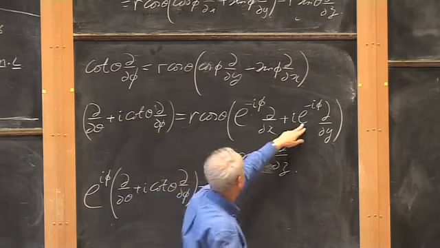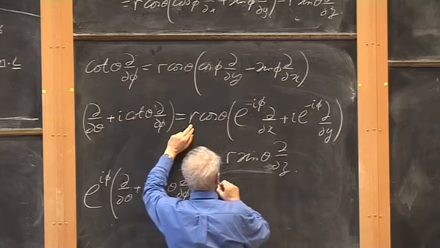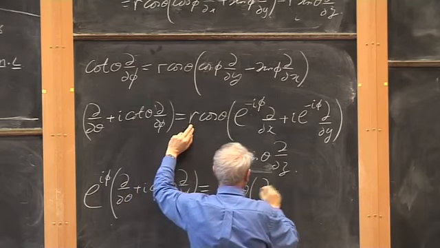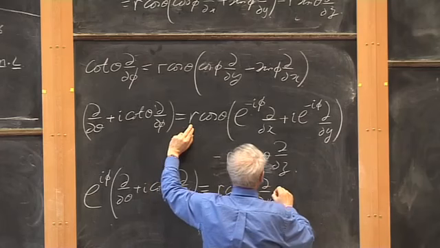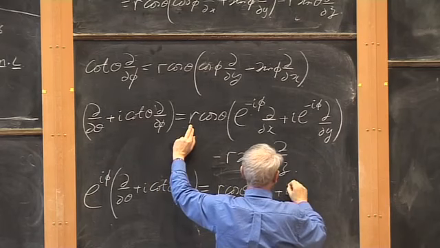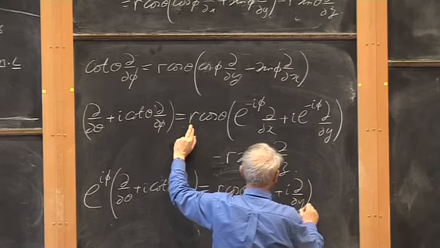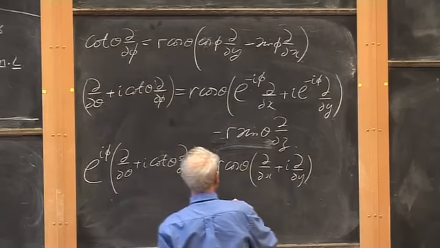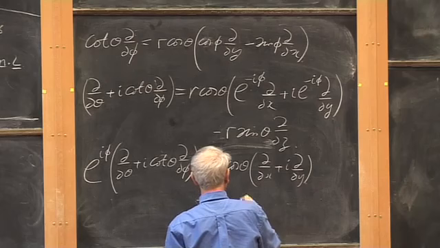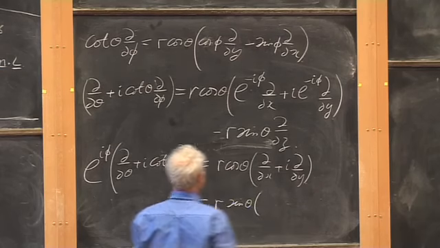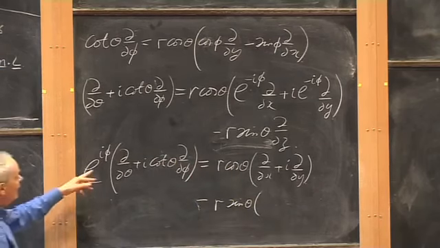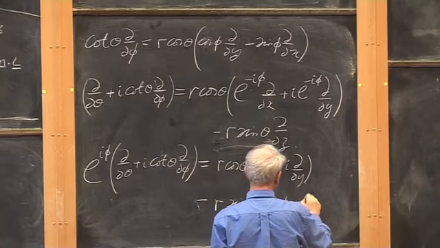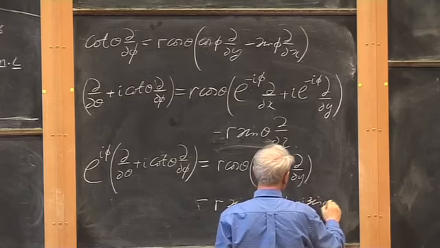This will be cancelled. So we will have r cos theta brackets d by dx plus i d by dy. And then we will have minus r sine theta times e to the i phi, which I choose now to write as cos phi plus i sine phi.